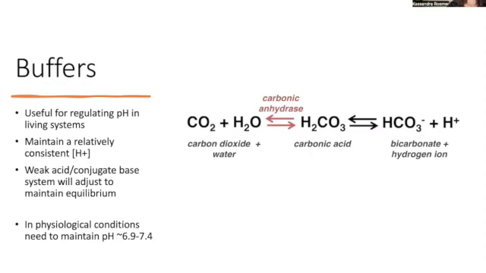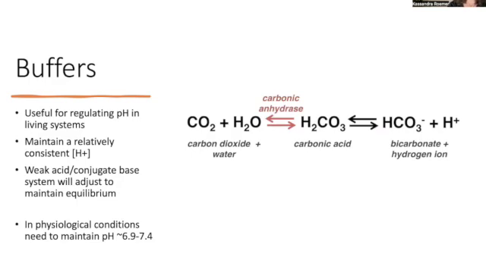We also can encounter metabolic alkalosis, which is a rarer event and would be caused by excess H+ secretion. So we're getting rid of too many protons and have a too basic pH.